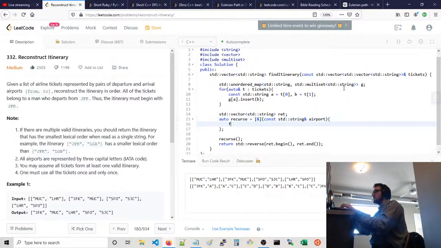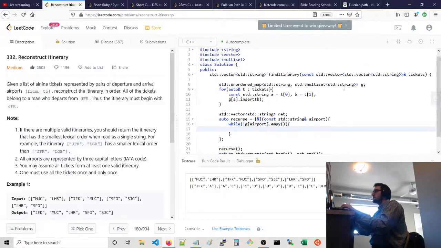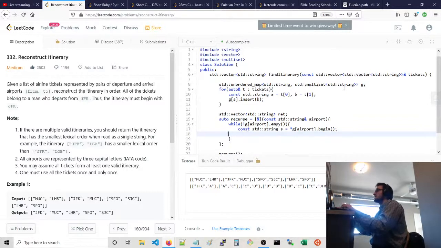And we're going to say while not G of airport dot empty, we're going to say const std::string s equals G of airport dot begin, dereference. We're going to say s, and we're going to say recurse.